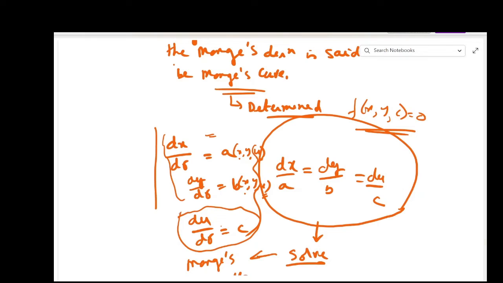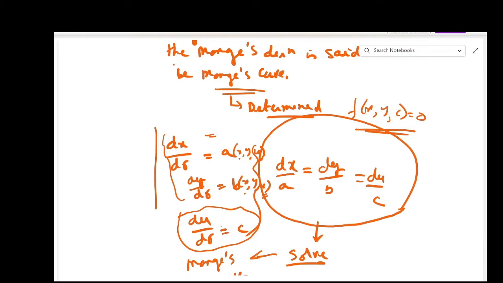But here in the quasilinear case, till now I have said Monge's curve, not characteristic curve. Why? The reason will be clear in a few minutes. So we have changed the name from characteristic curve to Monge's curve. The strategy is almost similar: here also we are solving ordinary differential equations.